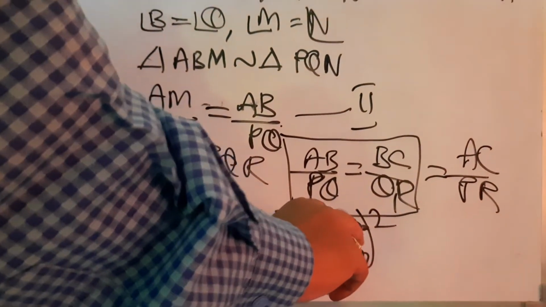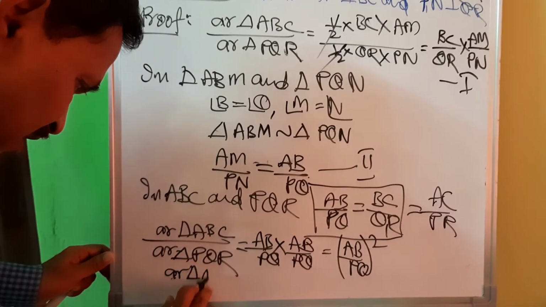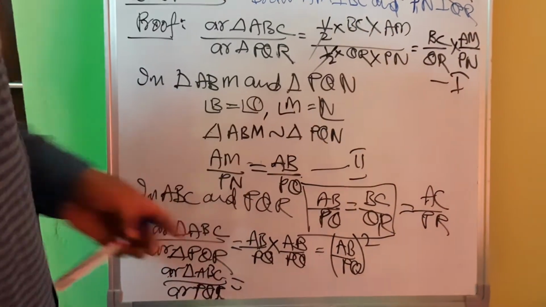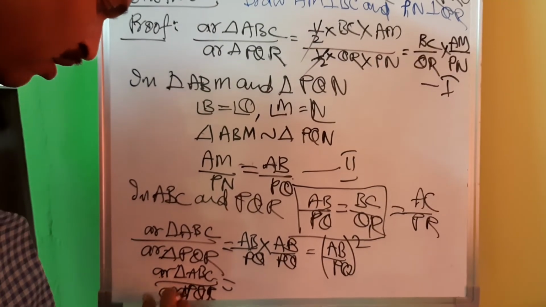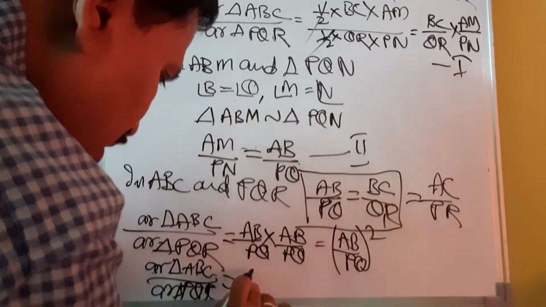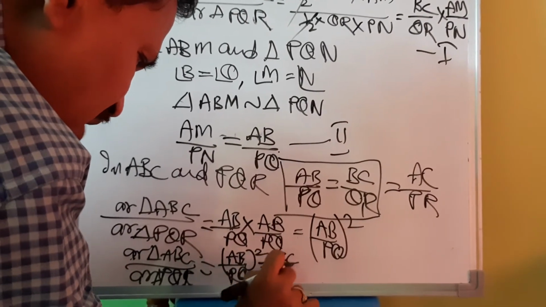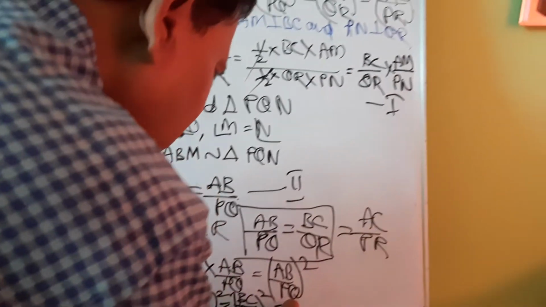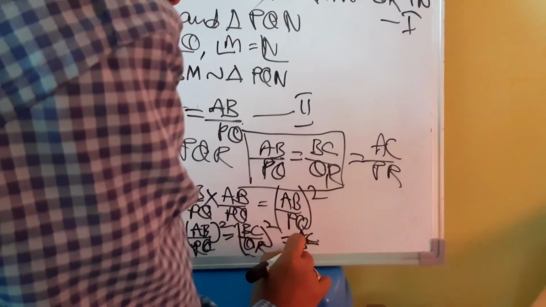So area of triangle ABC by area of triangle PQR is equal to AB by PQ whole square. Similarly, from these points, if you compare all three, area of triangle ABC by area of triangle PQR is equal to AB by PQ whole square is equal to BC by QR whole square is equal to AC by PR whole square.